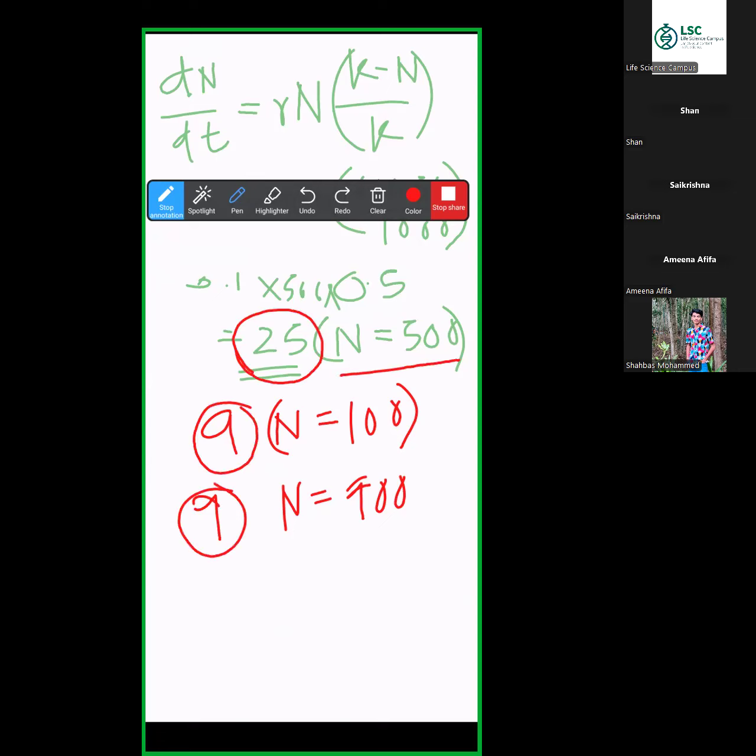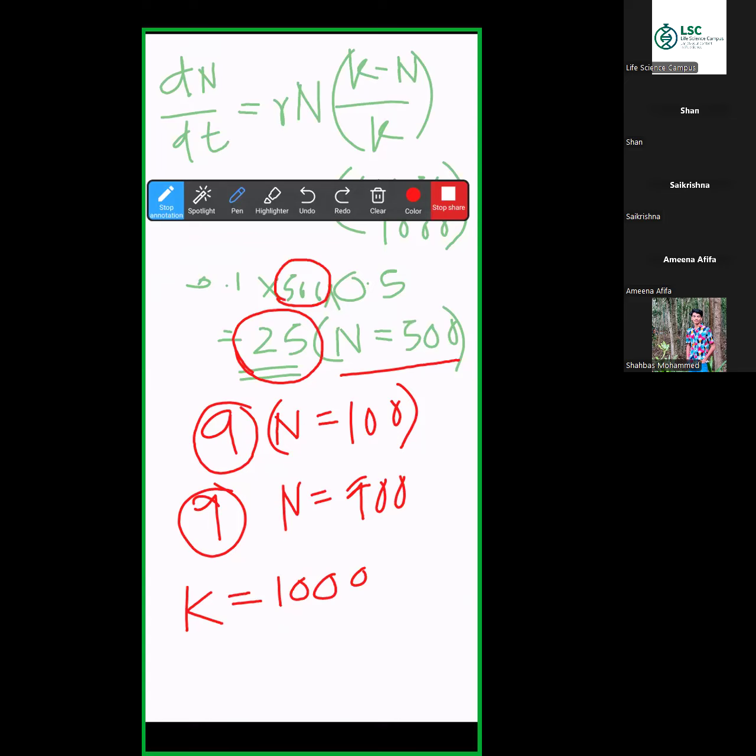From this, it is clear that maximum growth will be exhibited at half the carrying capacity. In all these examples, the carrying capacity value K was 1000, isn't it? Here the N value is 500, that is half the carrying capacity.